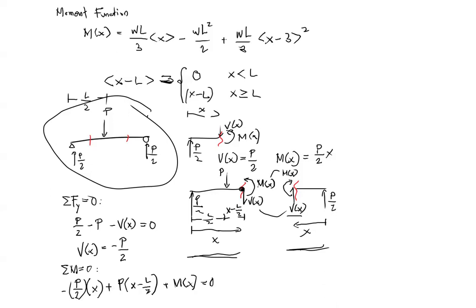So solving for M as a function of x will give us P x L over 2 minus plus P over 2 times x.